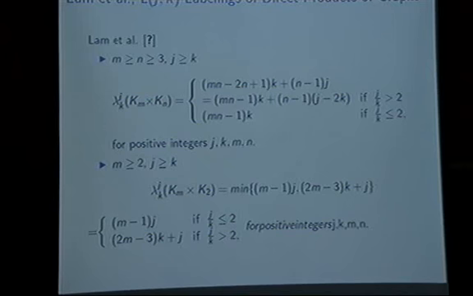So then the minimum possible span is the number of vertices minus 1 times k, because it starts from 0. Okay. When j over k is bigger than 2, we have this much extra.